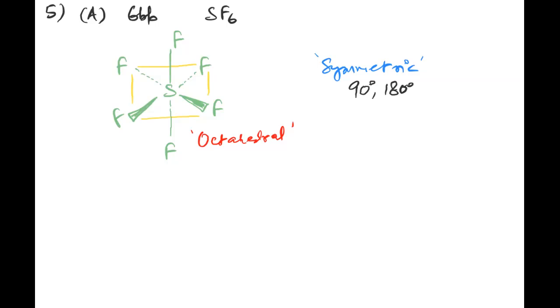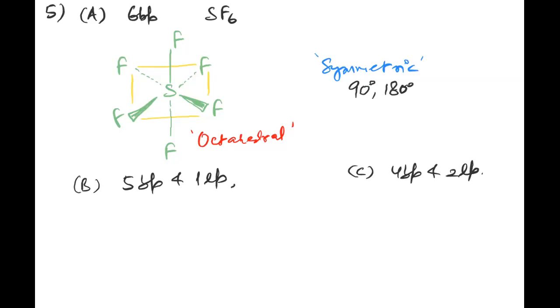Next one, B part: suppose we have 5 bond pairs of electrons and 1 lone pair, and C part is if we have 4 bond pairs of electrons and 2 lone pairs. For 5 bond pairs and 1 lone pair, for example, it may be IF5, and for the other case, for example, XeF4.